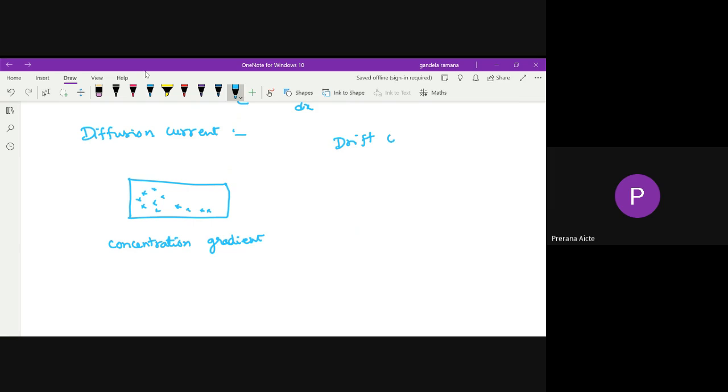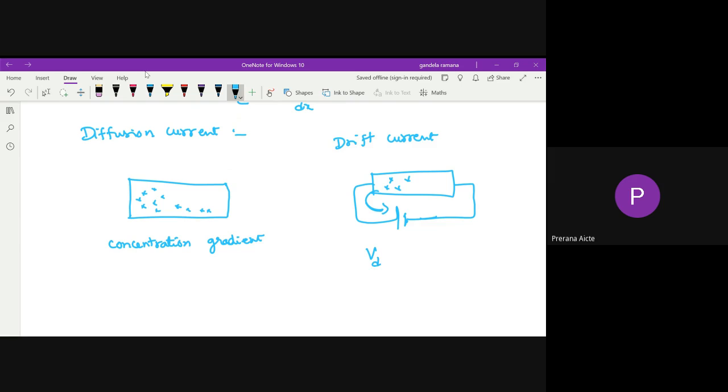Now, drift current. What is drift current? When we apply some electrical intensity to the n-type material, with positive charge on one side and negative charge on the other, the force due to the electrical intensity attracts the electrons, and that current takes place.